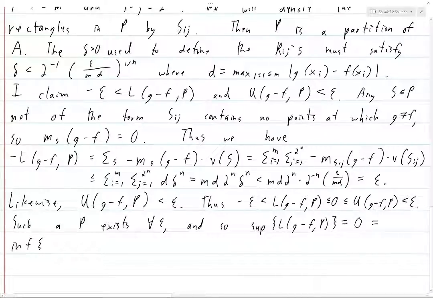You get the infimum of U of G minus F, P. Thus, G minus F is integrable. I'll use this to denote integrable. It's just the integral sign and then BLE.